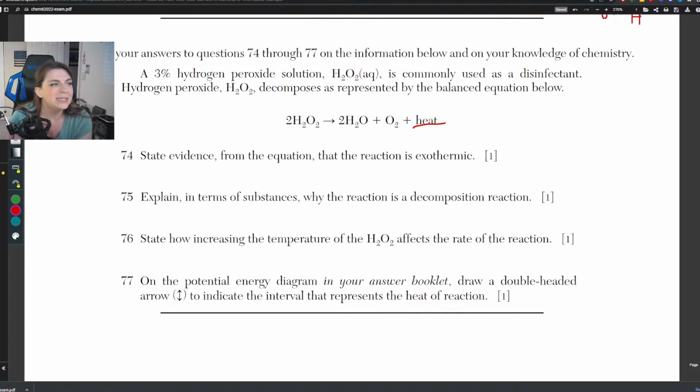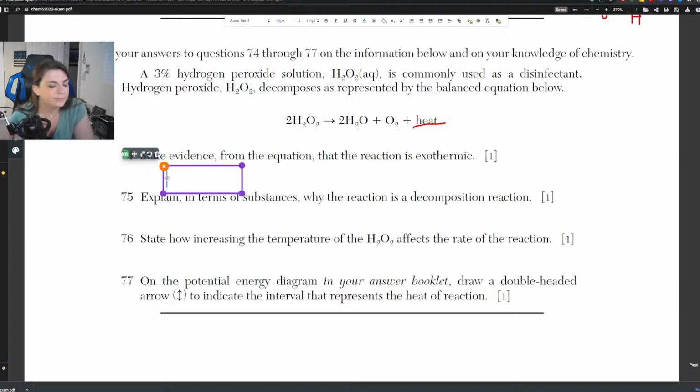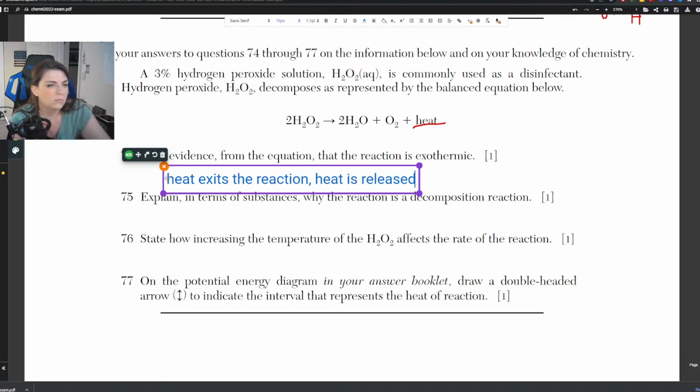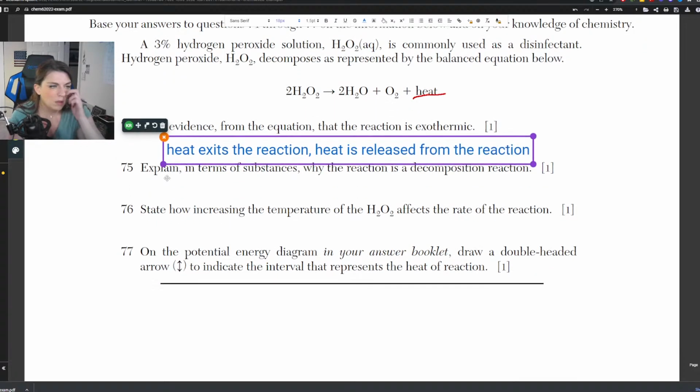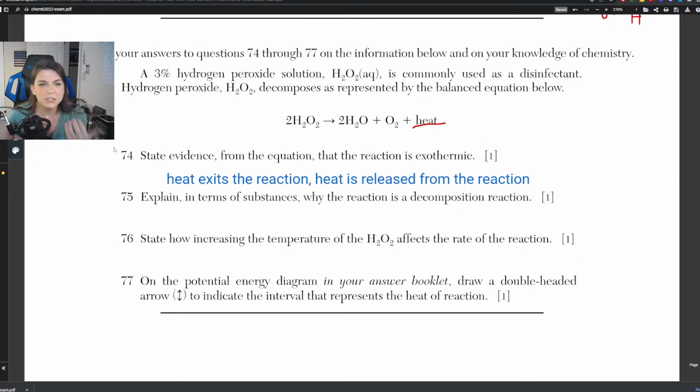Exothermic means that heat is exiting. So heat is released, heat exits the reaction, heat is a product. One of those will work. It just flat out tells you. Conversely, endothermic reactions, heat is entering.